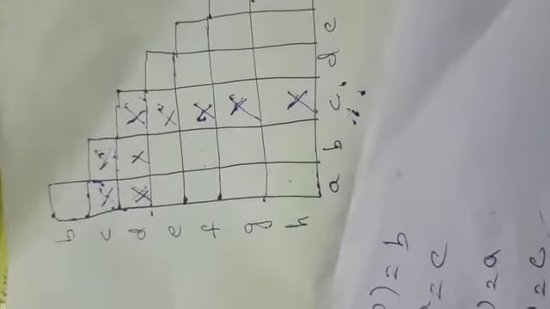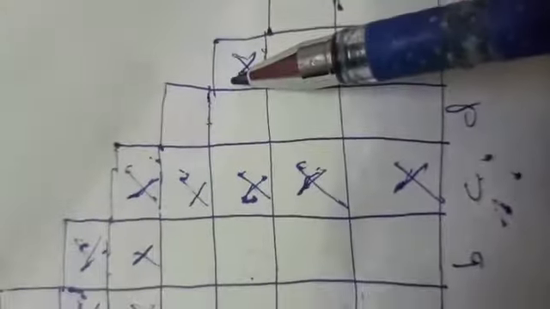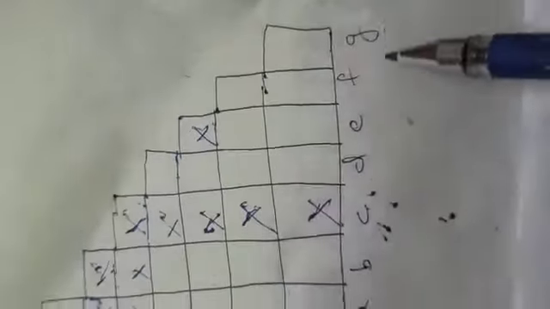Yes. H comma C is having an entry. Then your E comma F also will have an entry. So here we have kept an entry for E, F. Okay.